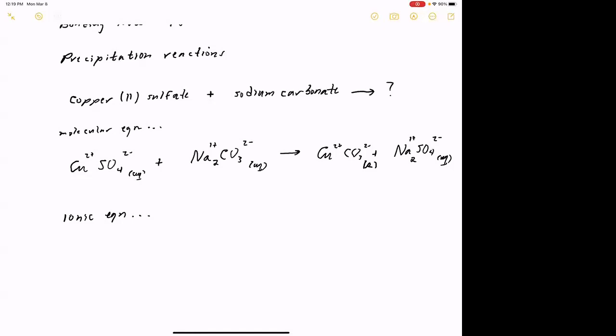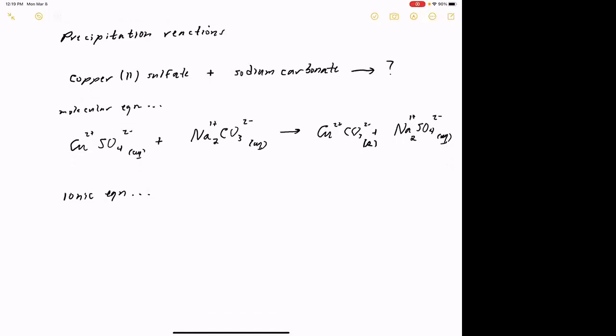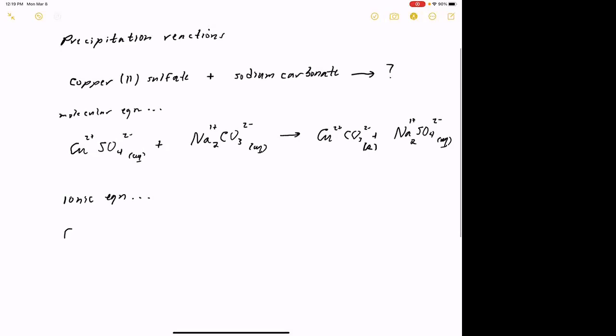So here's what we're going to say. For the copper 2 sulfate, we're going to get copper 2 ion. So I'm going to put that 2+ up there, and I'm going to put an aq after it. Now, this is where the charges really matter, guys. When you take a salt and dissociate it into its ions in solution, now they're ions. They have a charge, so that charge has to show up in the equation.